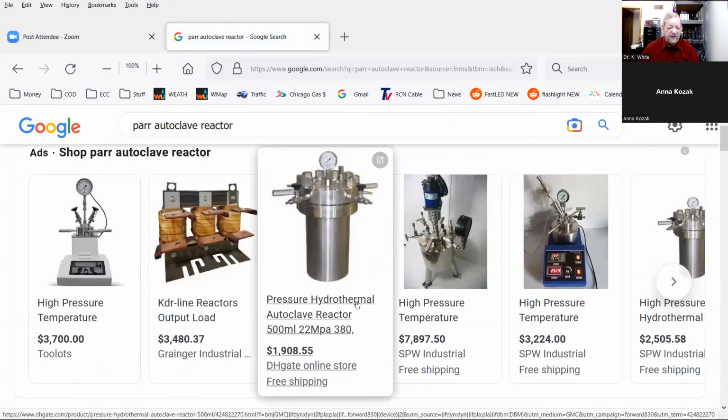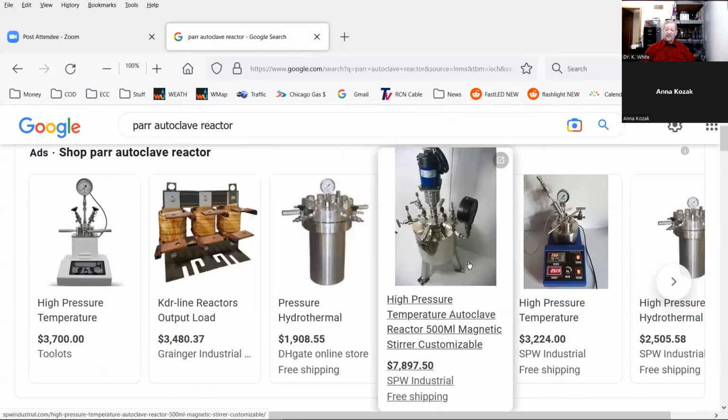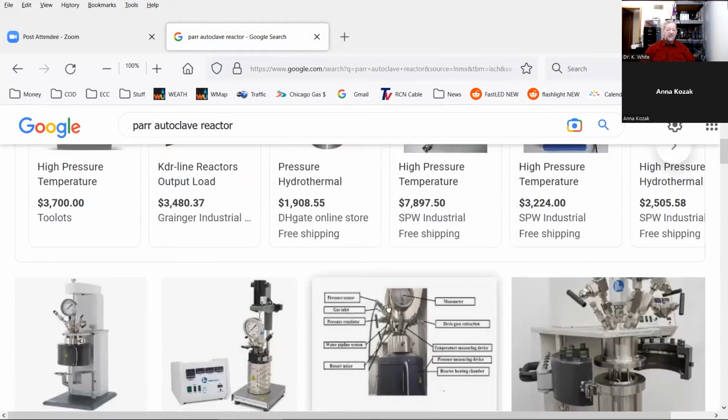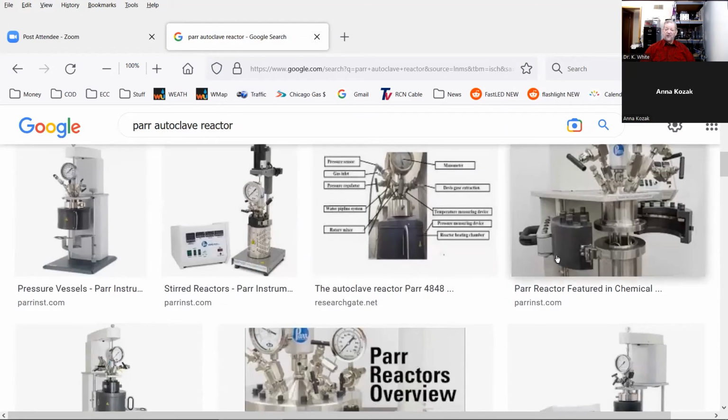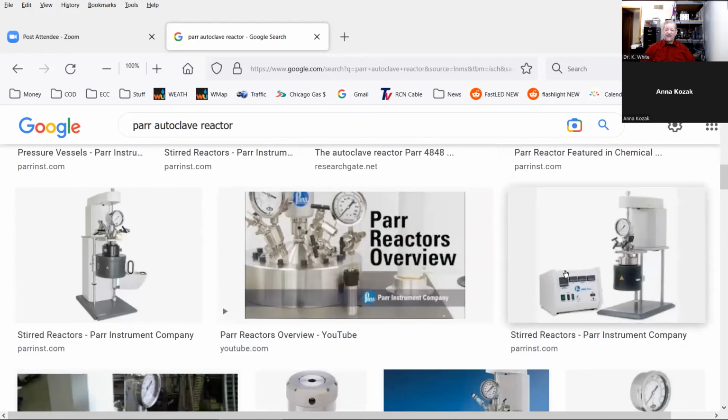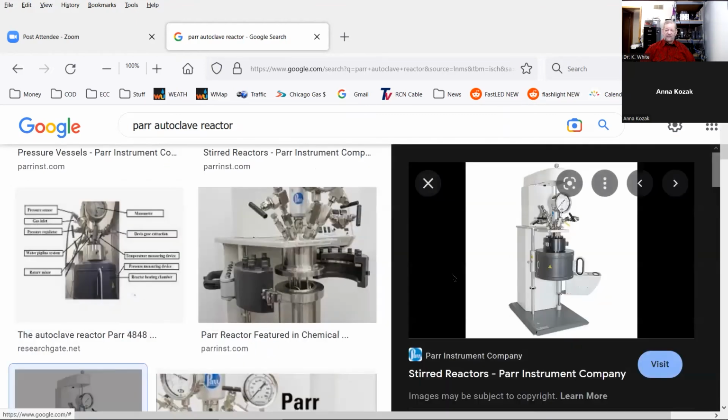Everybody see on the screen, pressure hydrothermal autoclave reactor. I've worked with those types, like the larger ones, and it's quite exciting. I've worked with one like this, and the smaller ones like this one right here.